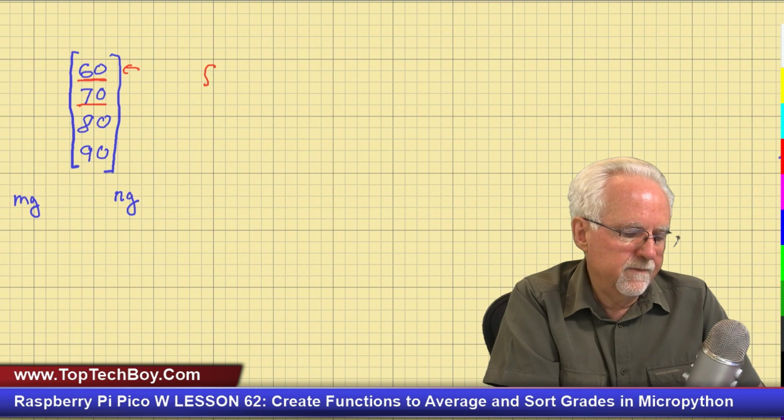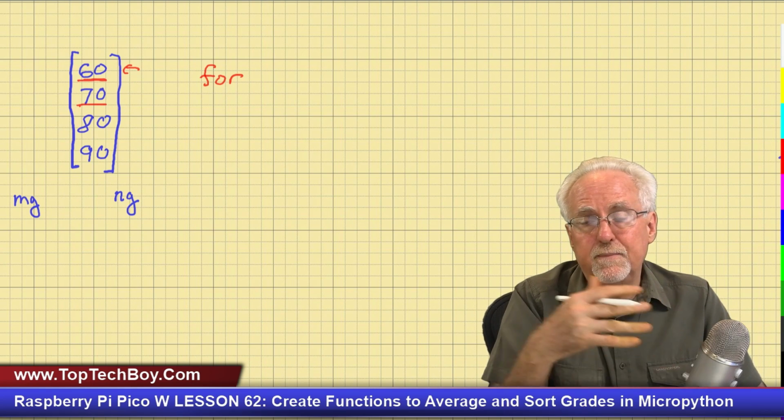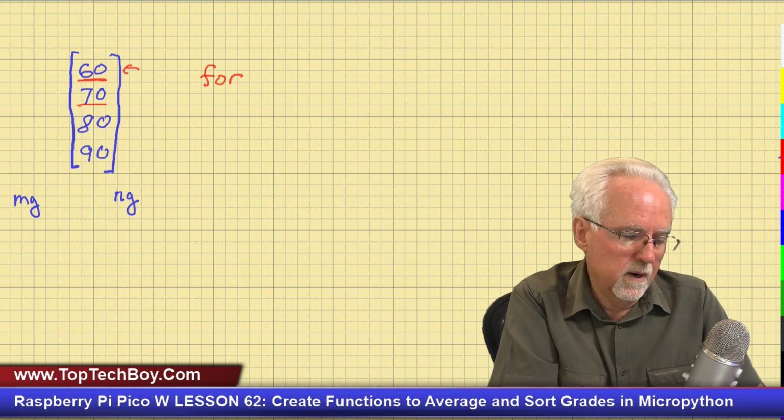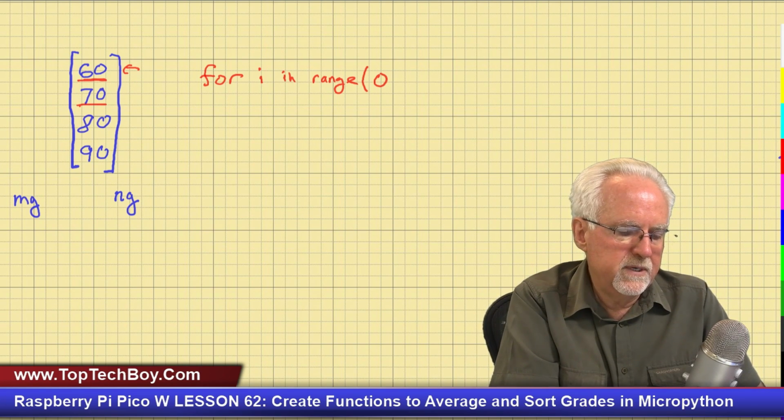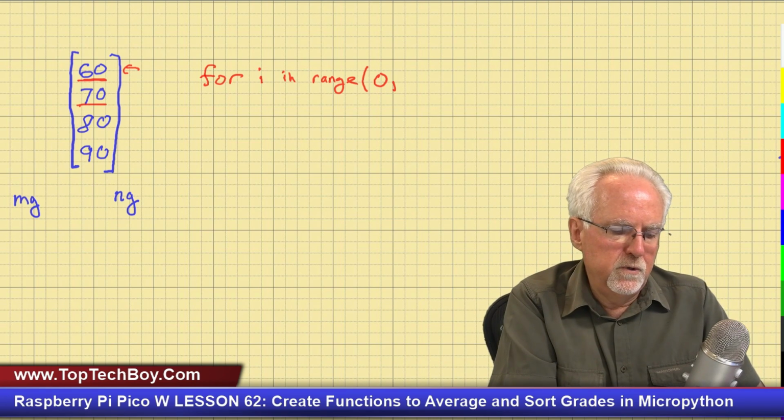Well, I would say for, because I want to step through the whole list, for i, my index, in range. So I want to step all the way through, from 0 to NG. And what do I want to do?